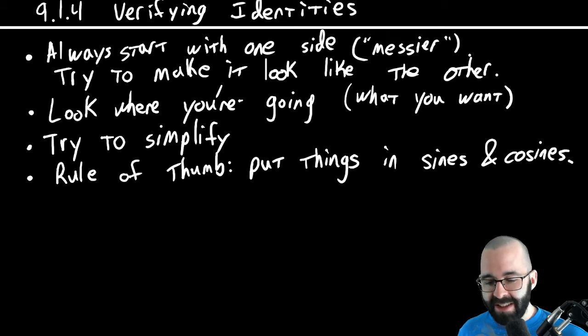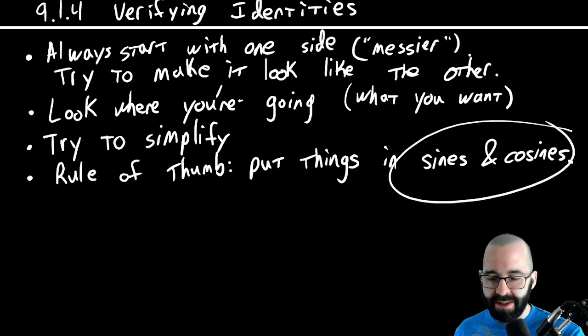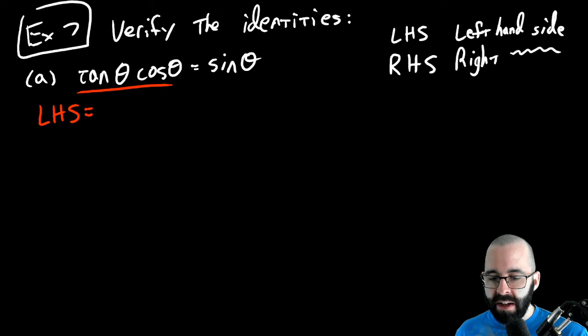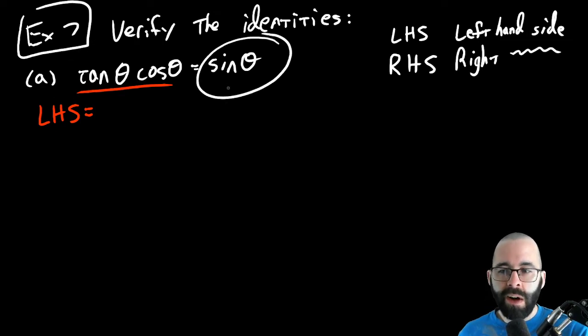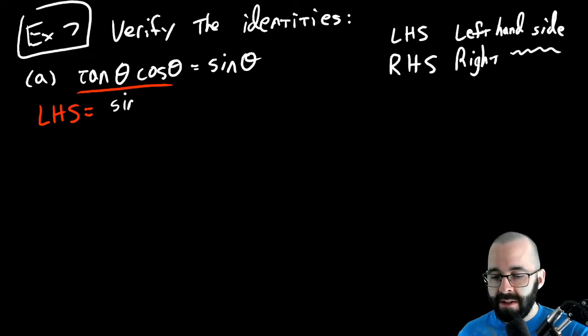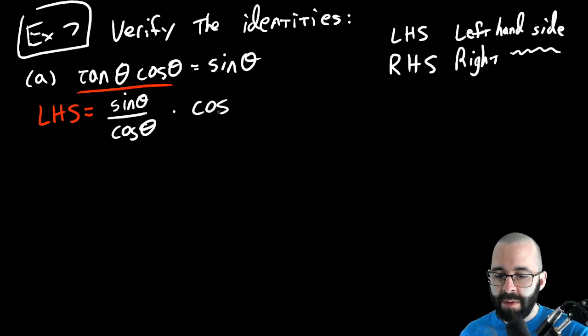Then try to simplify, and when in doubt, put things in terms of sines and cosines. This has no sines, but where we're going, we want to get some sines. So let's write tangent as sine of theta over cosine of theta, multiplied by cosine of theta. Oh, great.